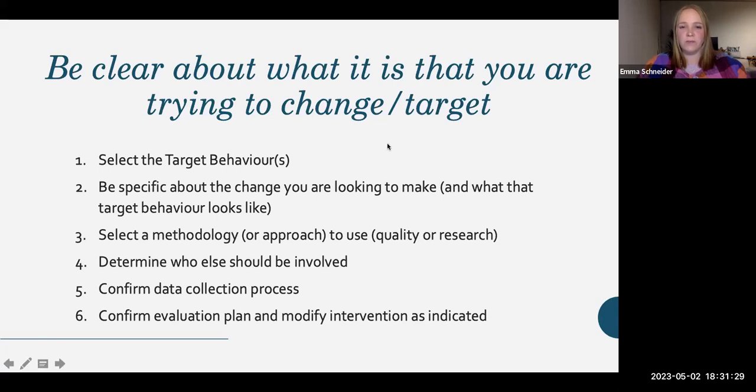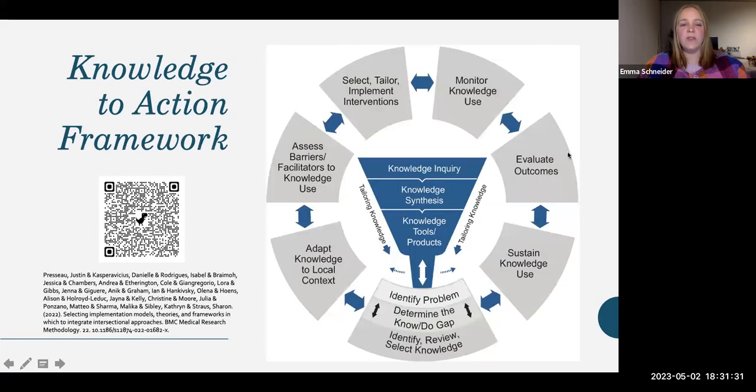So this is the knowledge to action framework. Again, it's very available online. I've got a reference there for you. But essentially, it identifies that there's all this knowledge that's available. You can do a knowledge inquiry. So maybe you want to find out a little bit more about how you want to run your upper limb groups for stroke participants.